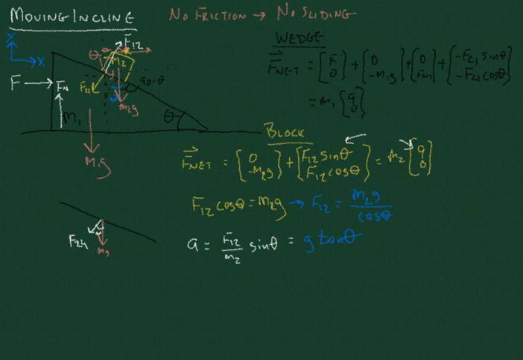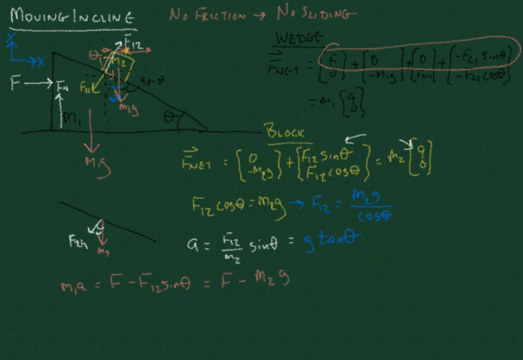So now we go back up to our first equation here, and so we see that m1a is equal to F minus F12 sine theta, which is equal to F minus m2g over cosine theta times sine theta, which is tan theta.